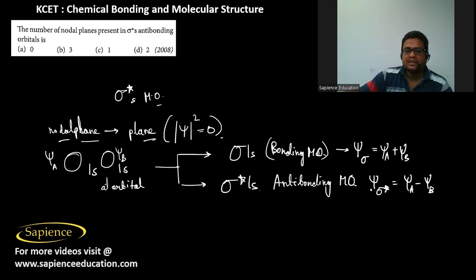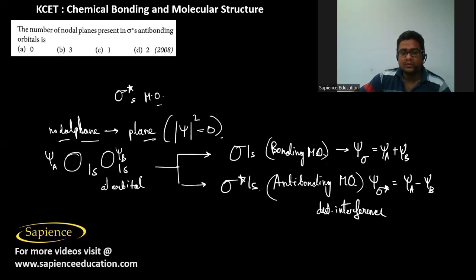So it means when there is destructive interference of the two atomic orbitals, then an antibonding molecular orbital will be formed.